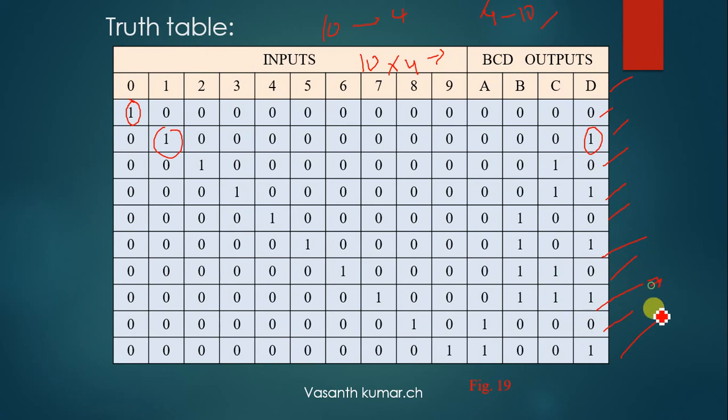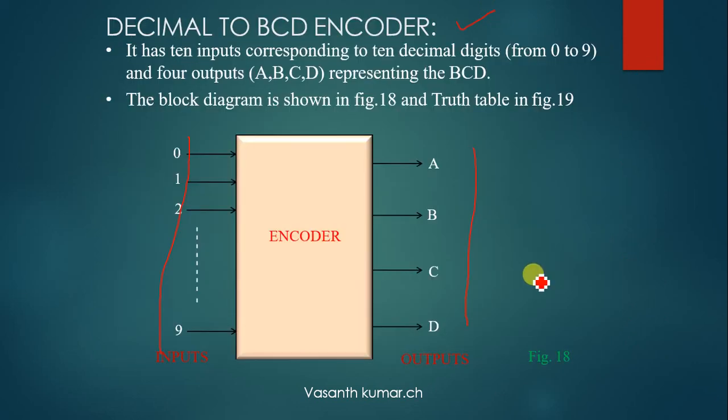This is 7, 8 and 9. The first one is 0, right? So 10 inputs will give 10 combinations, only equivalent combinations, but the number of BCD bits is only 4. That is the reason we have made a 10 to 4 encoder. So a shift of 1 bit is providing one combination, right? This is all about the decimal to BCD encoder.